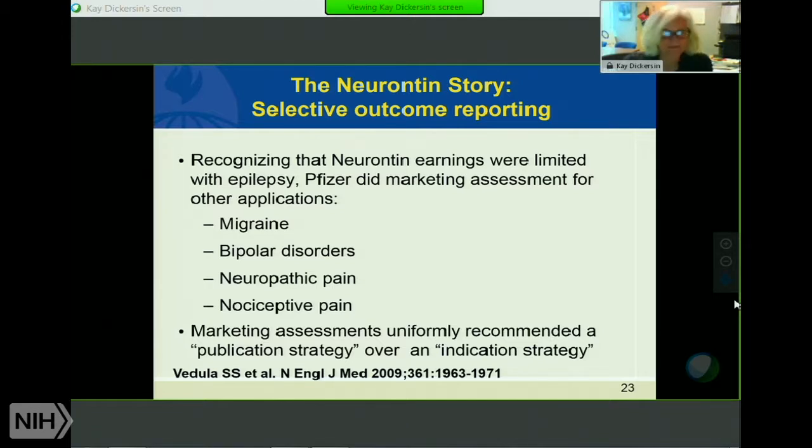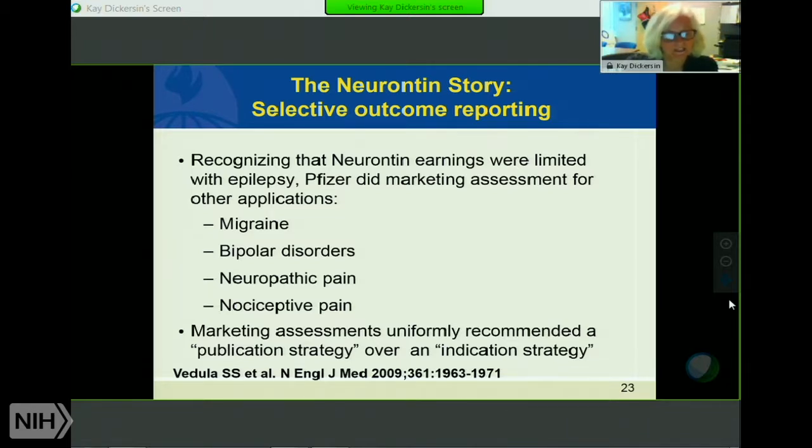So in the interest of time, I'm going to skip the next couple of slides. You can read the results in this article by Swaroop Vidula from 2009, but it shows an extreme example of selective outcome reporting, where not only were the outcomes changed between the protocol and what was reported about half the time, but also what was reported were the statistically significant p-values, and what was not reported were p-values that tended to be not statistically significant.